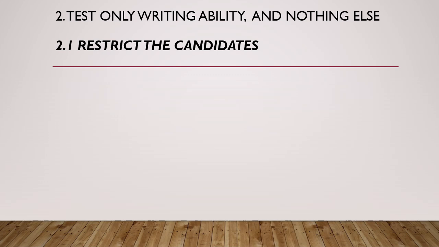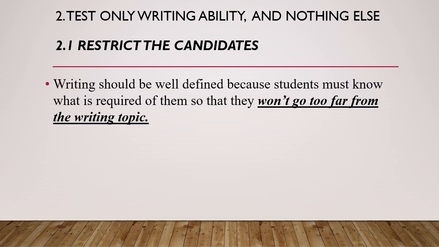Another important point when designing writing tasks is to restrict the candidates. That just basically means making sure that students do not go off topic or interpret the task too freely. Sometimes the same student might write very different responses to the same writing prompt on different days.